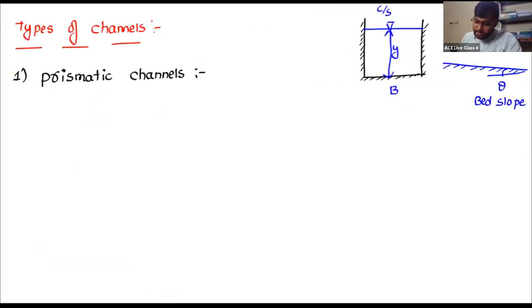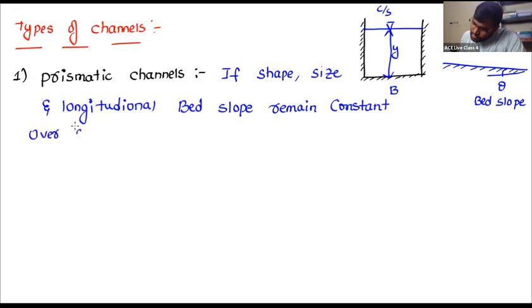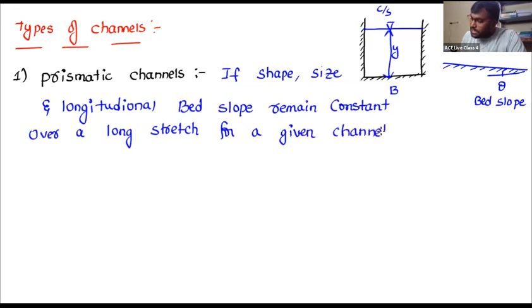Prismatic channel means if shape, size and longitudinal bed slope remain constant over a long stretch for a given channel, then we call it a prismatic channel. The meaning of longitudinal bed slope is the slope along the flow.